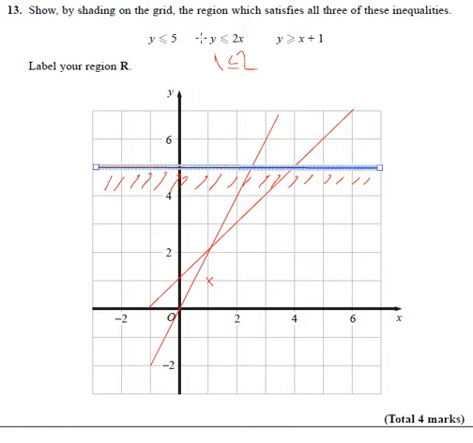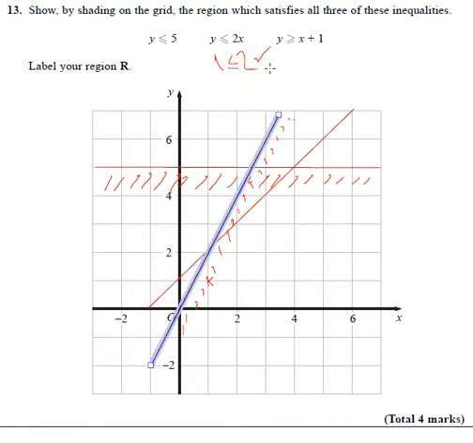Does this make sense? Is 1 less than 2? Yes it is, which means that this point is allowed. So this side of this line is okay. You're just gradually building it up. So you know that this side, below this line, is a good side. That point works, so that's in the region.